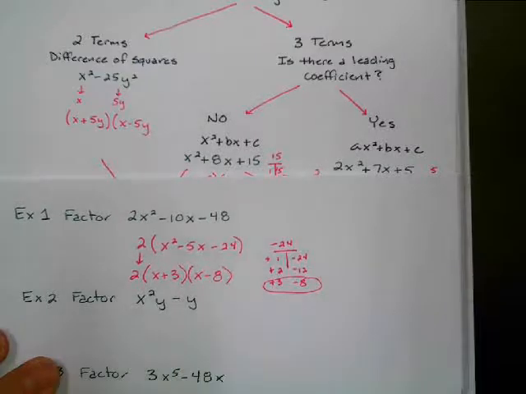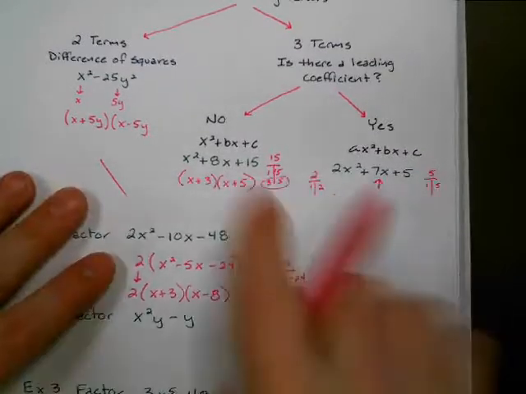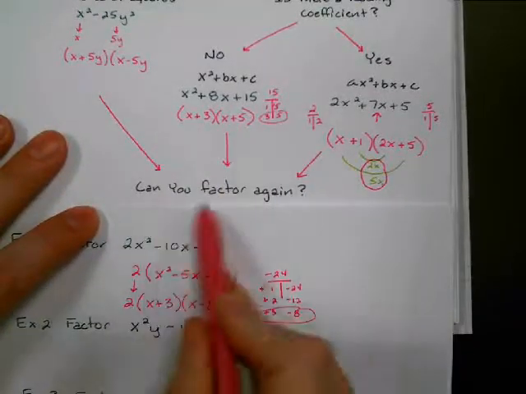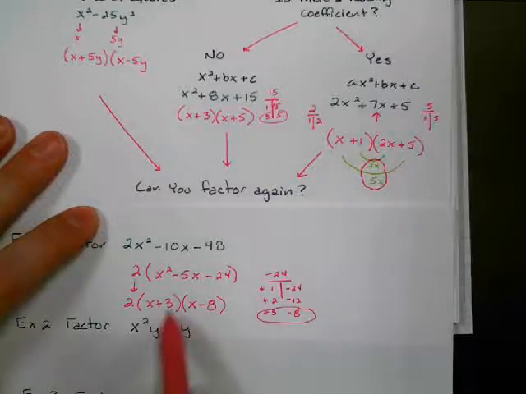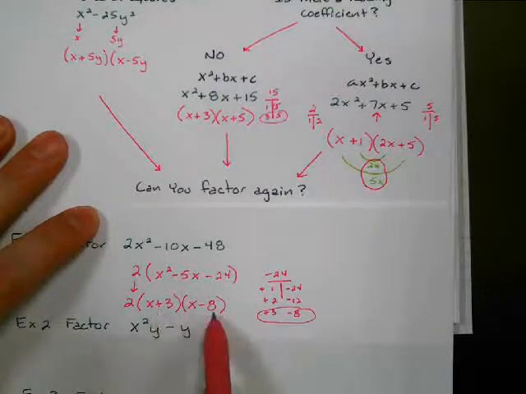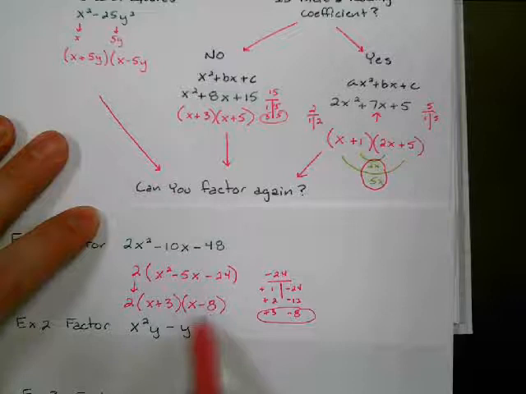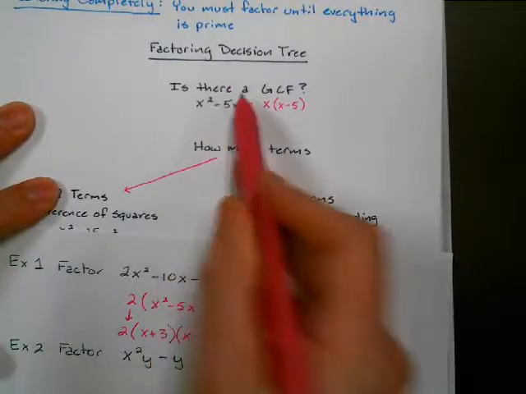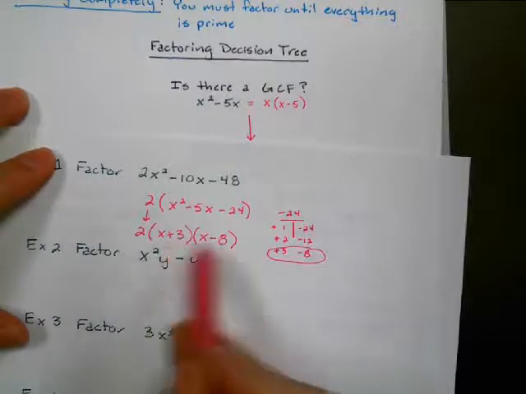All right, so we just did that. Are we done? No. What we're going to do now is follow the arrow down, and it says, can I factor again? So I'm talking about these 2 binomials that I have. Are they factorable? Well, I would start back up here at the top and say, is there a GCF? No, there's no GCFs on either one of those. How many terms are we looking at?